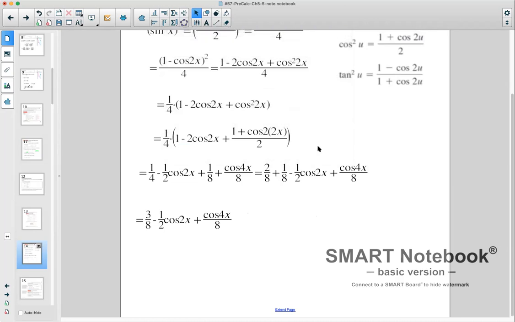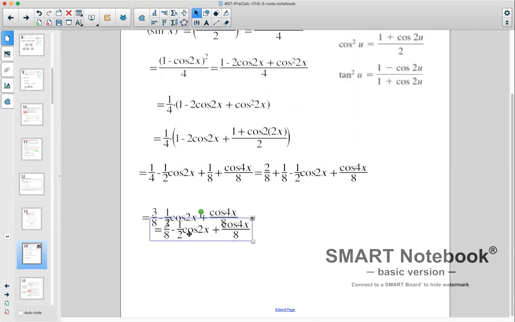Now if you see the denominator is 8, you can multiply 8 right here. 1 is here, so 1 can be outside, and if this is 2, you can make it 4.